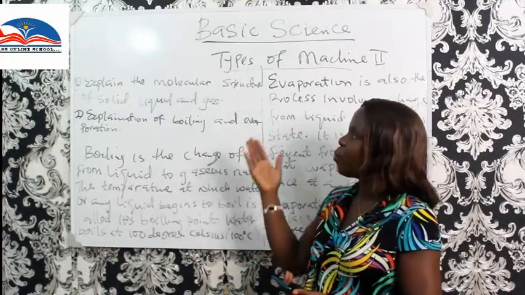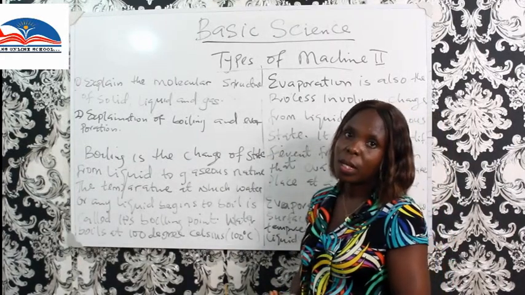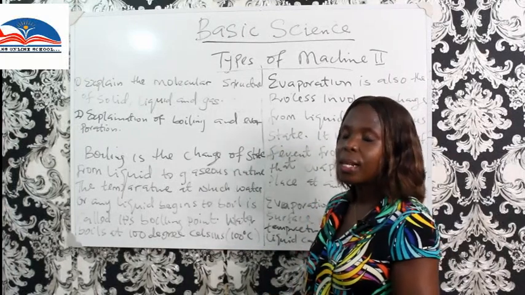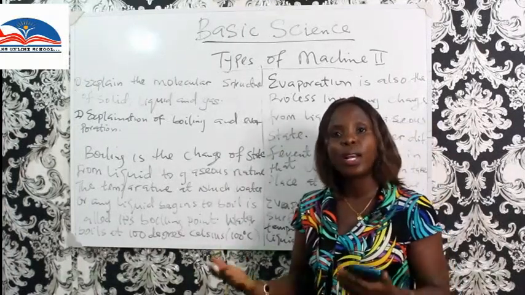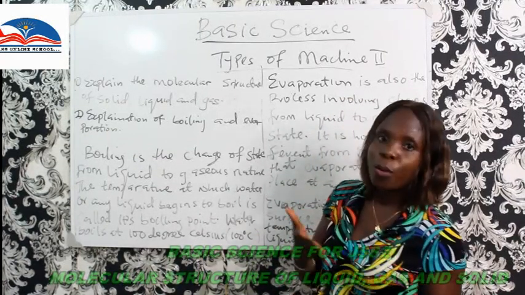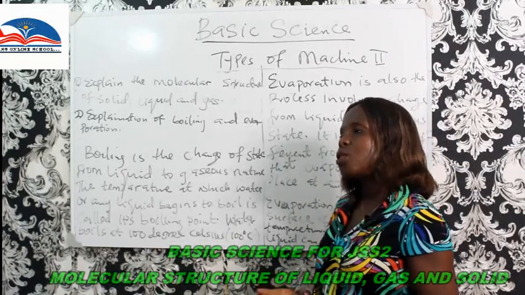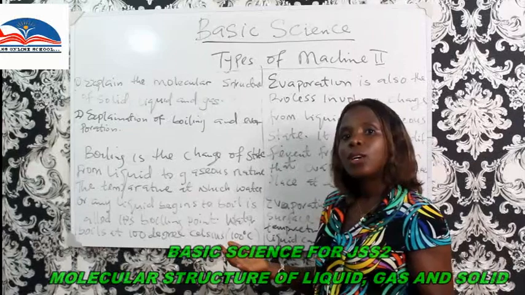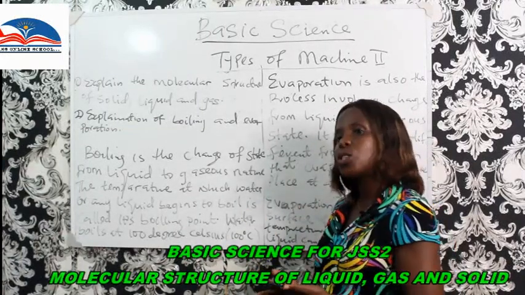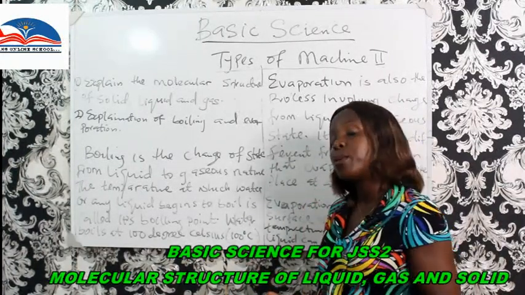We discussed in the first objective gas, liquid, and solid. So now we are looking at how boiling point changes these molecules from their liquid nature to their gaseous nature. So always remember that boiling of any liquid changes it from the liquid nature to its gaseous nature. And the point at which it starts boiling is called its boiling point.